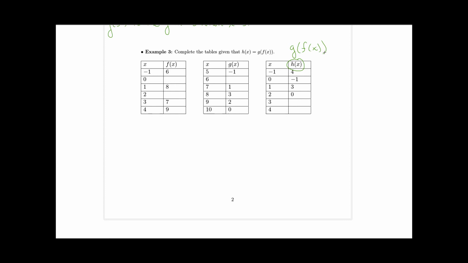And honestly, I think this is kind of a fun puzzle. But if you don't find it fun, you might be wondering, why in the world are we doing this? This seems really difficult. Do we really need to be able to do this? And the answer to that is a thorough understanding of compositions of functions is really important when you go into calculus.